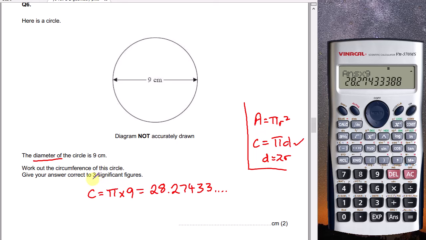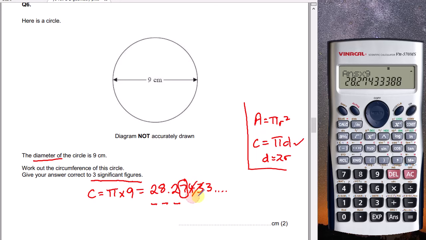And the important part on this answer is the second mark is going to come from doing this piece, the three significant figures. Three significant figures means start at the start of the number where it's not 0 and count 3 places. 1, 2, 3. That last place, check the digit next to it, just that one.